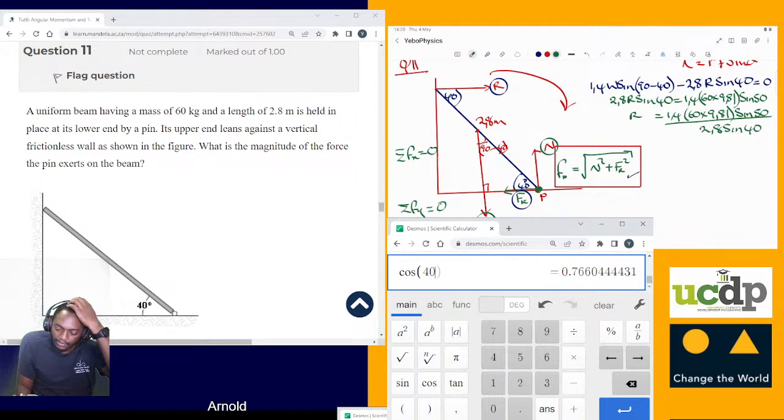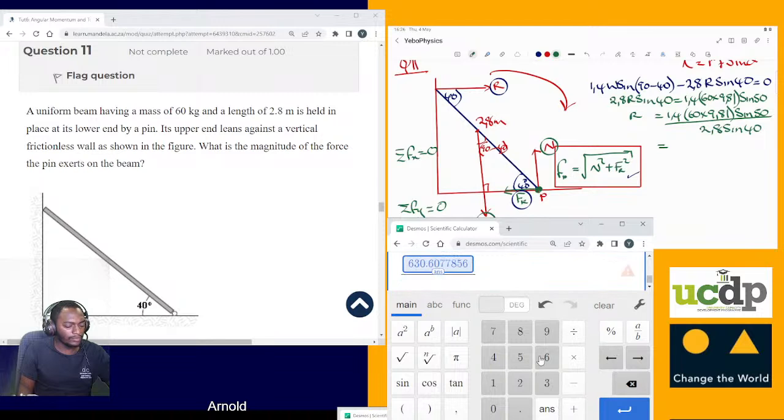All right, so let's see how that comes out. It's divided by 2.8.